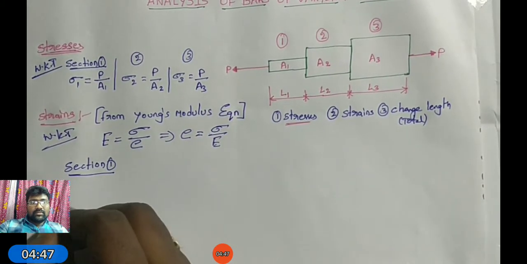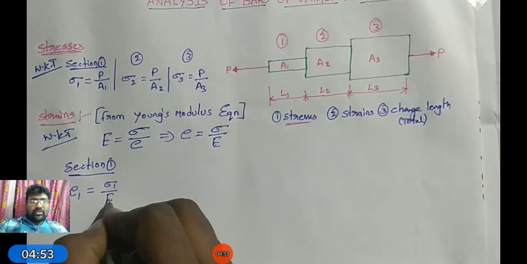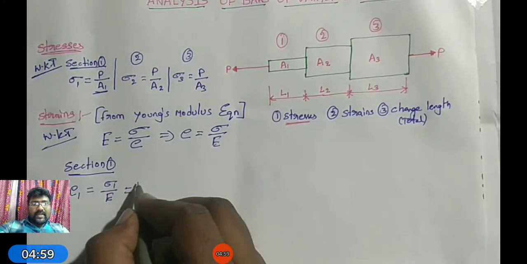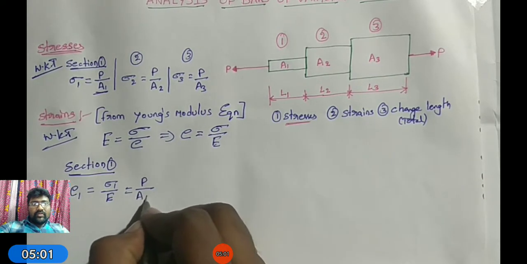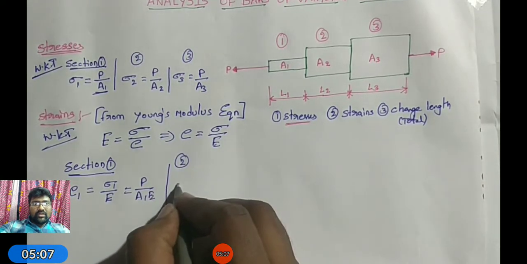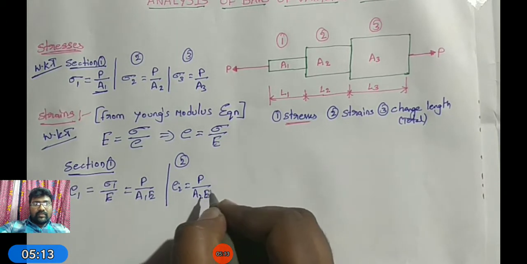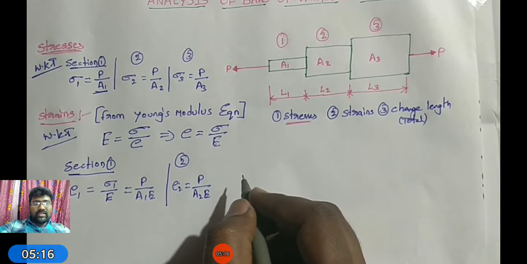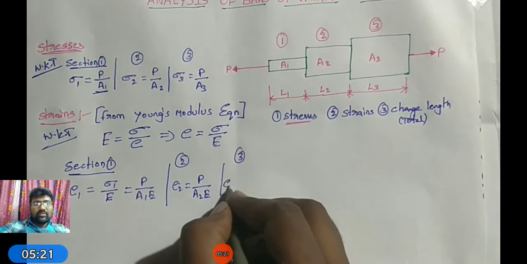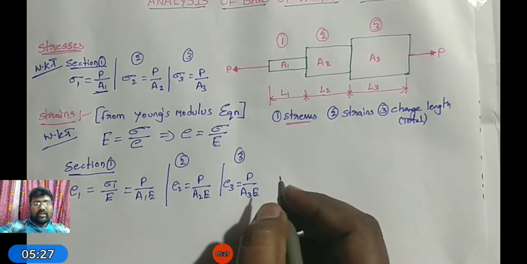So strain developed is sigma 1 by E. Similarly, we know that stress is equal to P by A. Substituting stress in this equation, finally we get epsilon 1 equals P by A1 E, for second section P by A2 E, and for third section epsilon 3 is equal to P by A3 E.